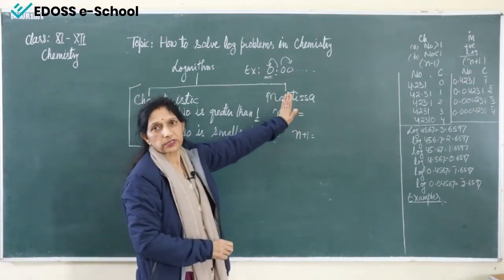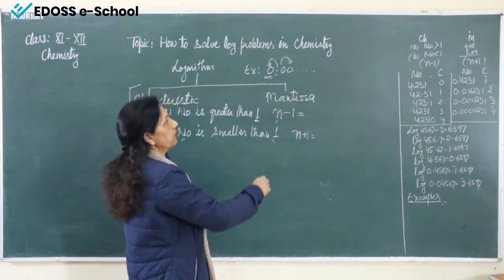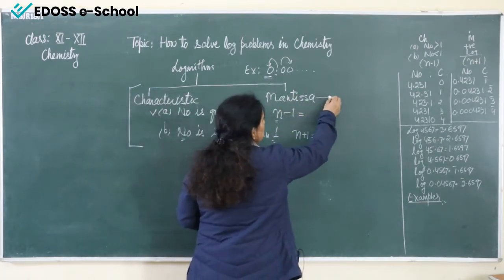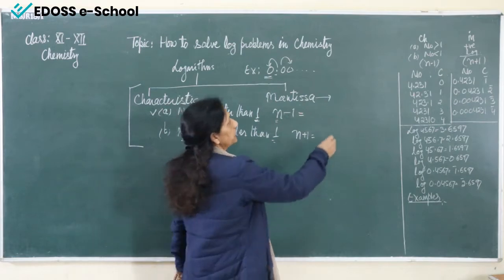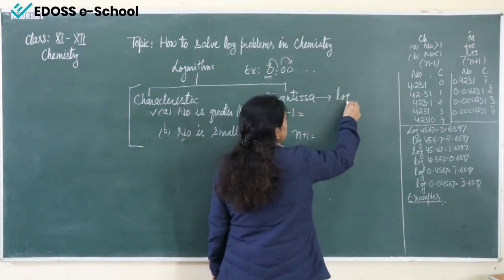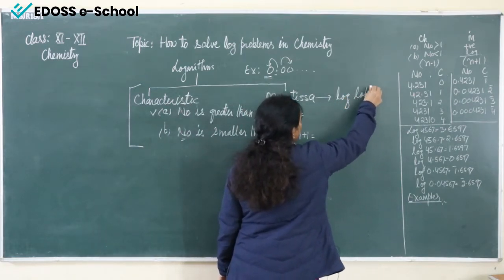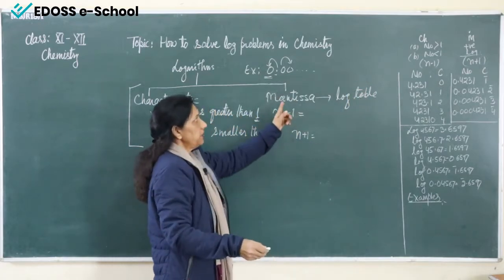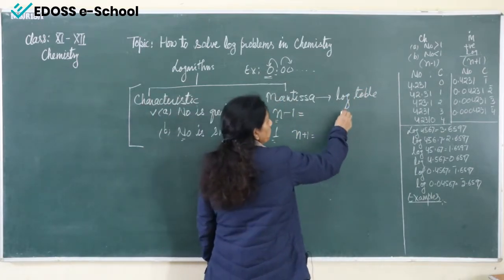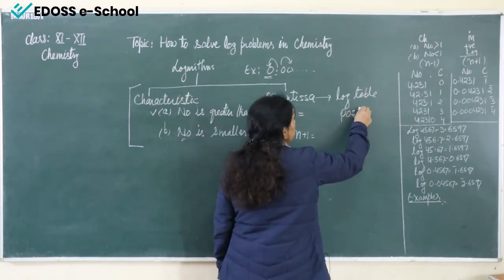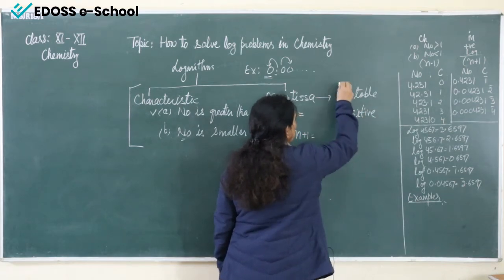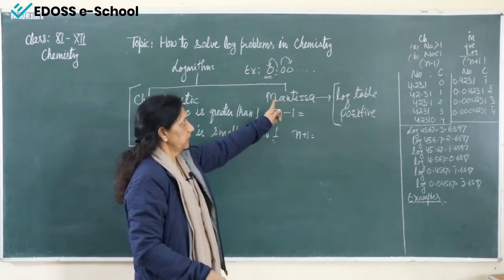Now coming to the mantissa. Remember, mantissa is always found with the help of the log table, and mantissa is always positive. These two things we have to keep in mind for mantissa.